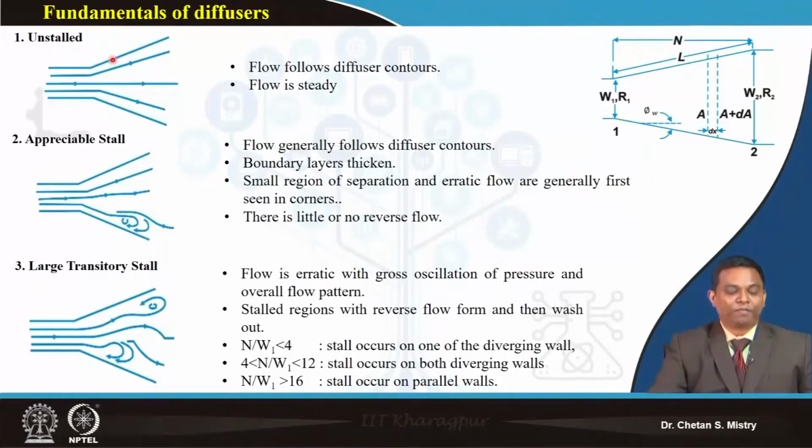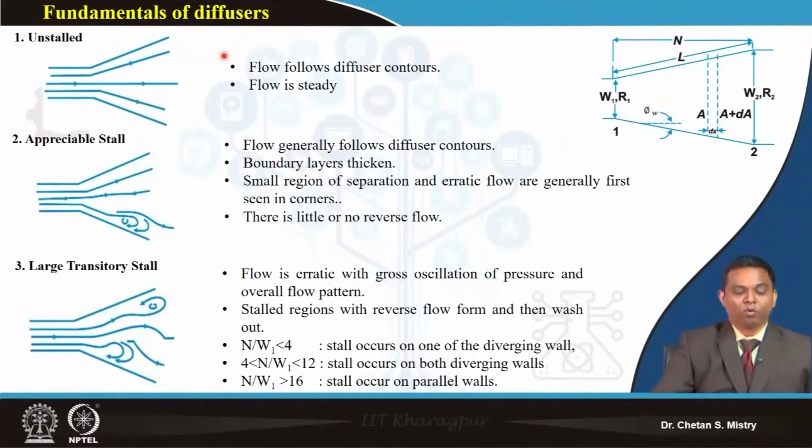These streamlines are following the curvature of my diffusing duct. You can say my flow is more uniform and steady. So we can say this is an unstalled kind of configuration. For many applications, as aerodynamicists, we are looking for this kind of configuration, in which we have this unstalled condition.